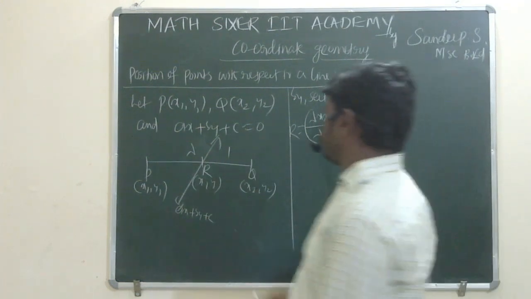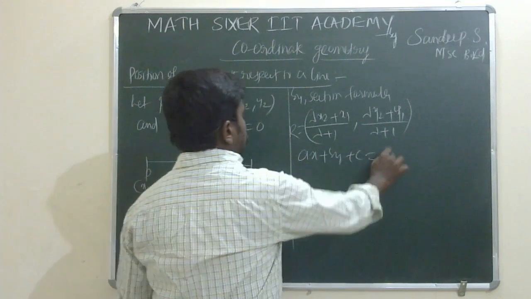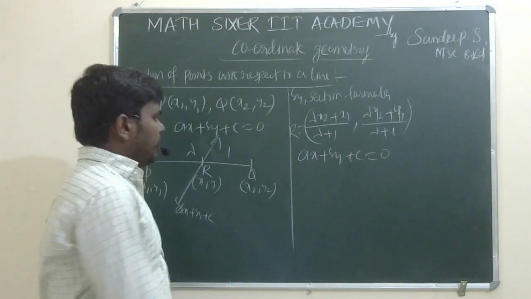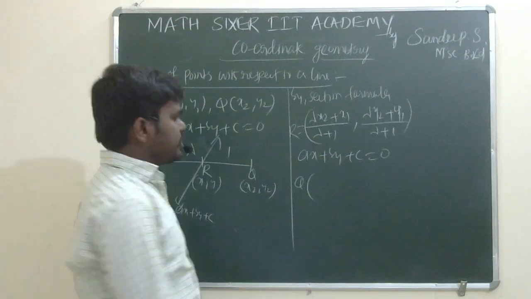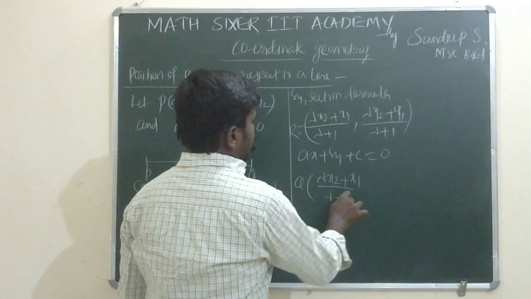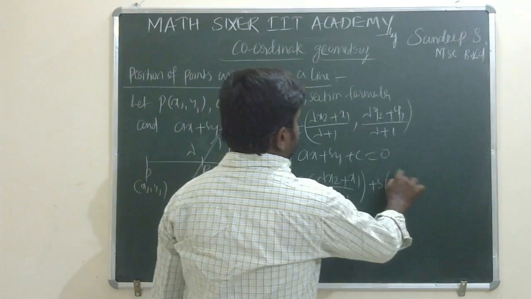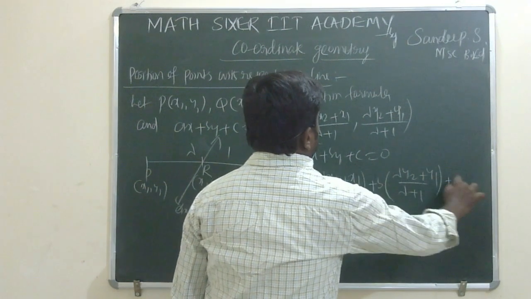So when you substitute in the equation ax + by + c = 0, what will you get? The x coordinate is (lambda x2 + x1)/(lambda + 1), plus b into y, which is (lambda y2 + y1)/(lambda + 1), plus c is equal to 0.